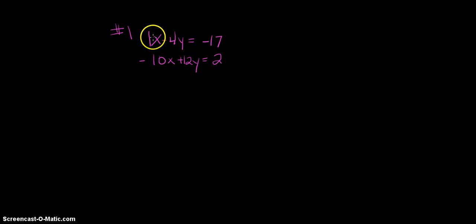And so we look at 1 and 10. We could choose to eliminate the x's. And I just know from experience, going from 1 to 10, that's a big jump. So it might be more tedious to go about changing the x's. But if I look at the y's, 4 easily goes into 12 3 times.